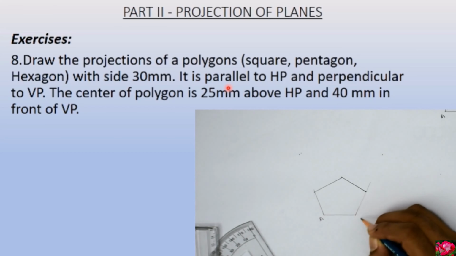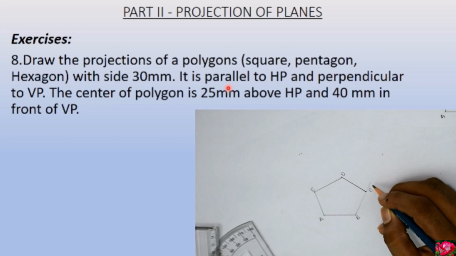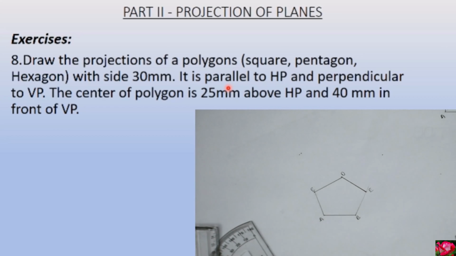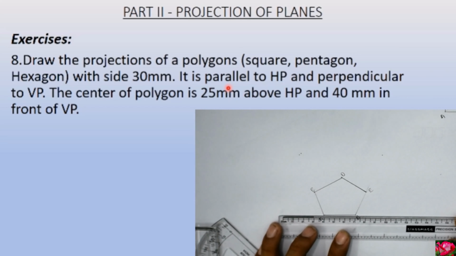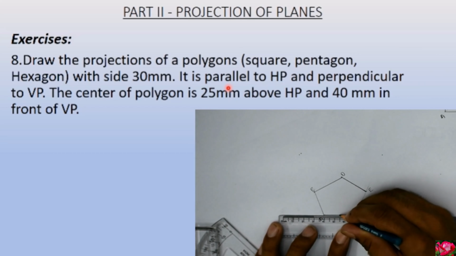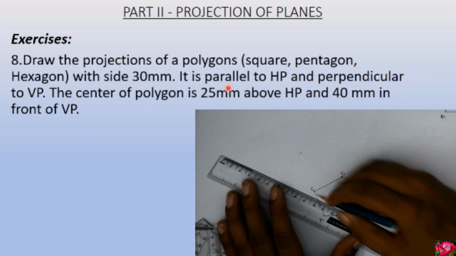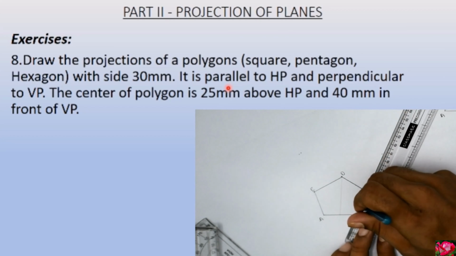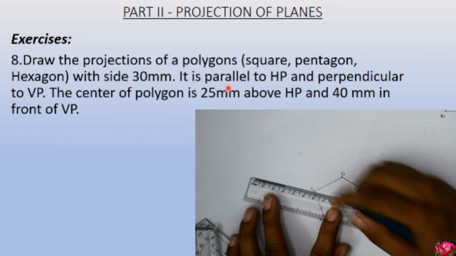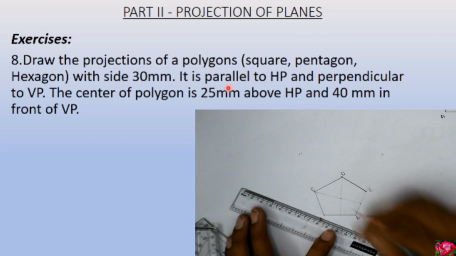Say this is A, B, C, D and E. I will try to get the center of this first. So this is its center point.